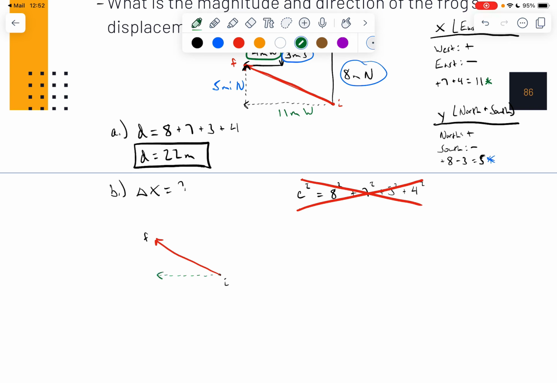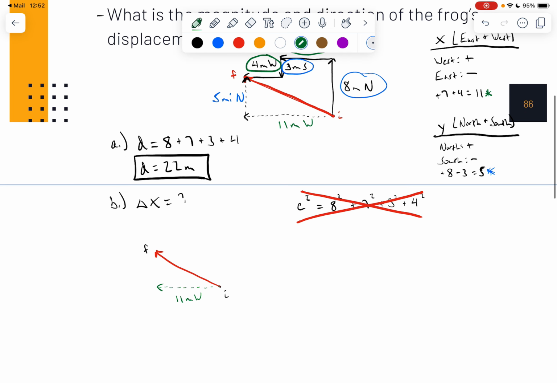We then went 11 meters going west in total when we combined the 7 with the 4. But then when we combined the 8 north and the 3 south, we got 5 meters going north.